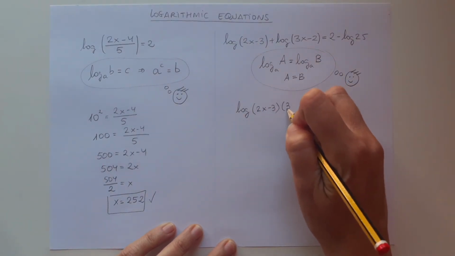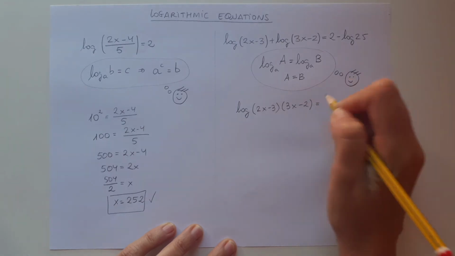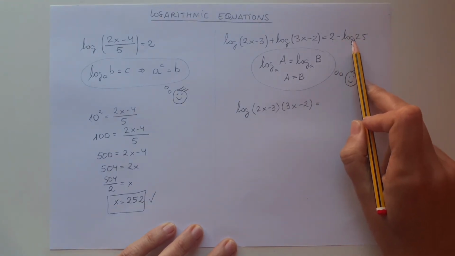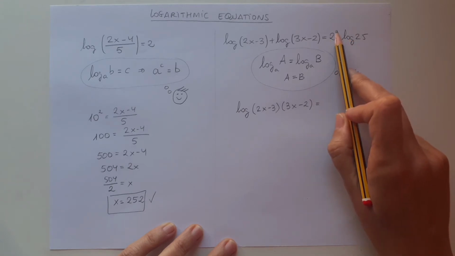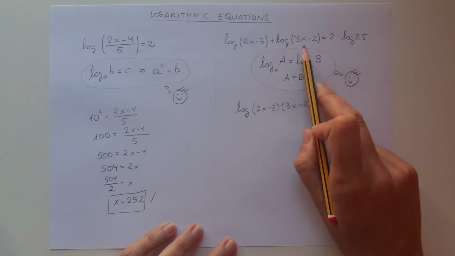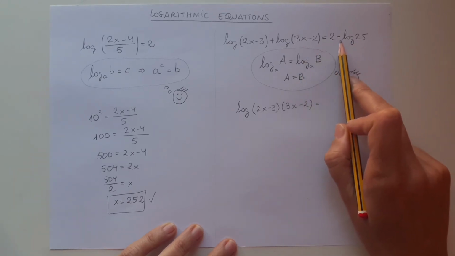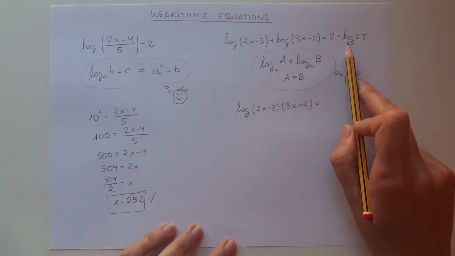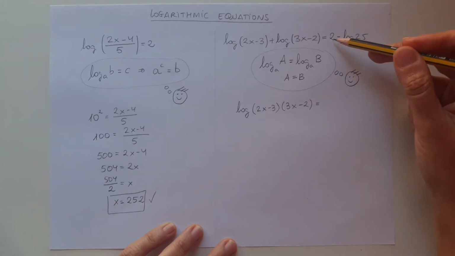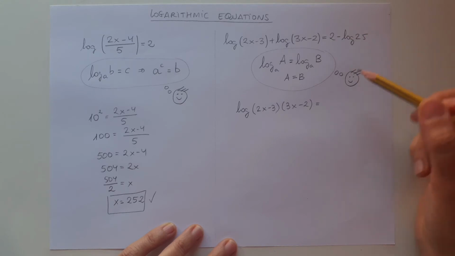So it would be like this. Here, I don't know what to do, but it would be useful to transform this number into a logarithm. So then using the properties, I could put them together the same way, but using the property that this would transform into only one logarithm with a division inside of the argument. So let's write this as a logarithm first.